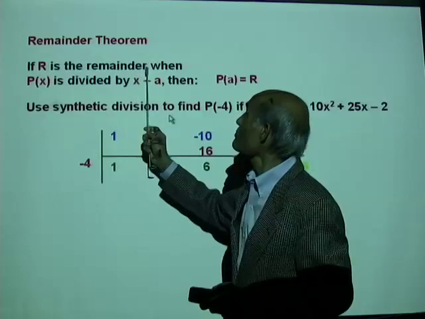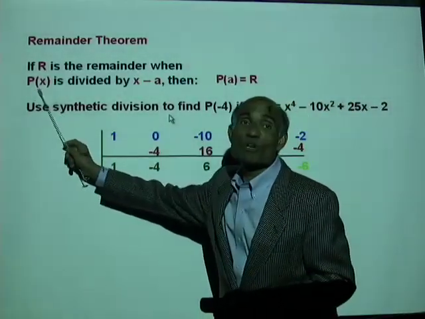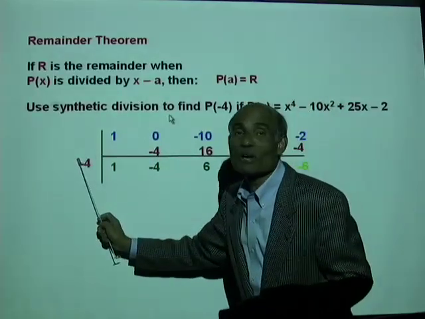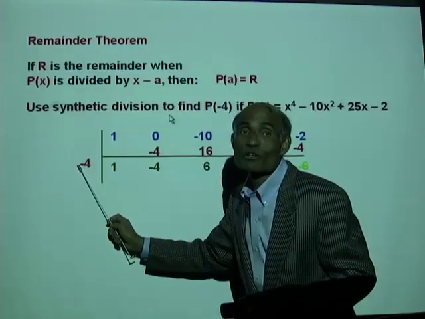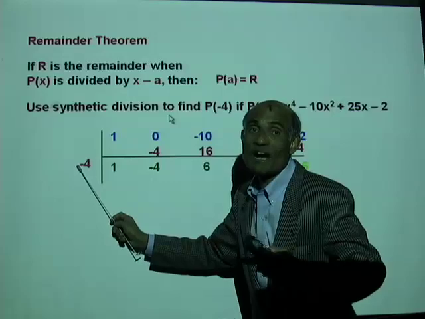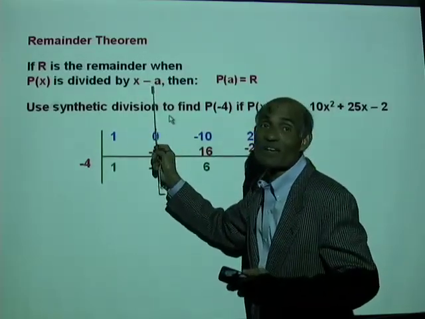If R is the remainder, this is your R, the remainder, when P of x is divided by x minus a, our a is negative 4, so the binomial you are dividing with will be x minus negative 4, that is x plus 4.